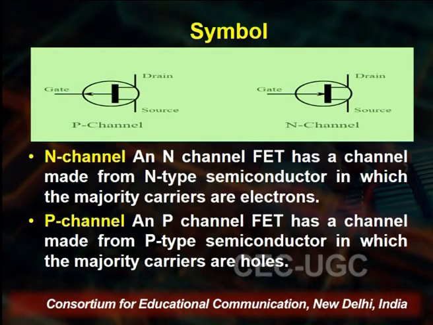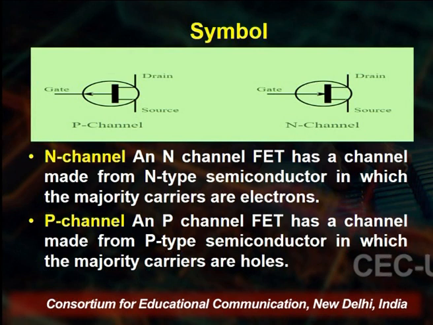The majority carriers pass through the channel as they travel from the source terminal to the drain terminal. It may be positive or negative. Now you see on the screen, this is the symbol for the N channel and the P channel, the symbolic representation of FET.